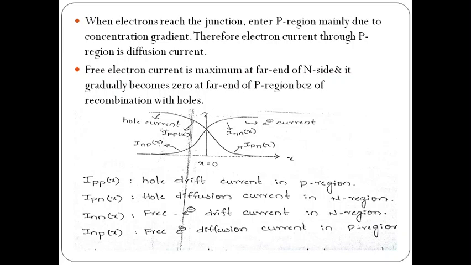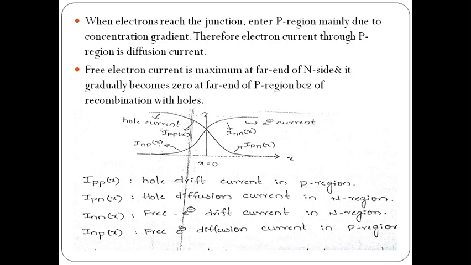So here we can observe the total currents are four: electron drift, hole drift, electron diffusion, and hole diffusion. Here I mentioned the components. I_pp(x) is the current due to holes in the p region, the hole drift current in the p region.